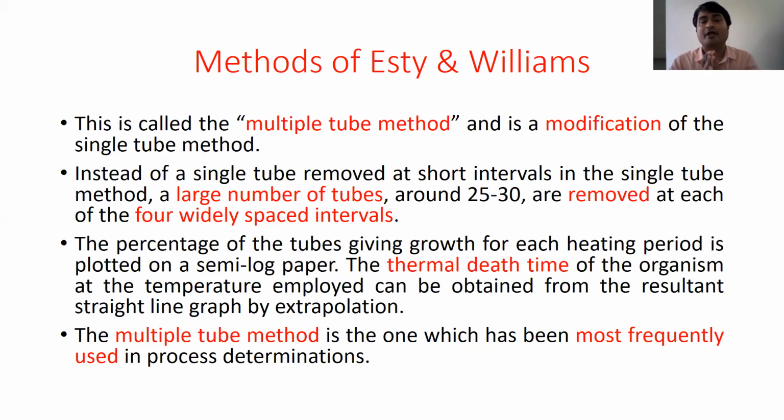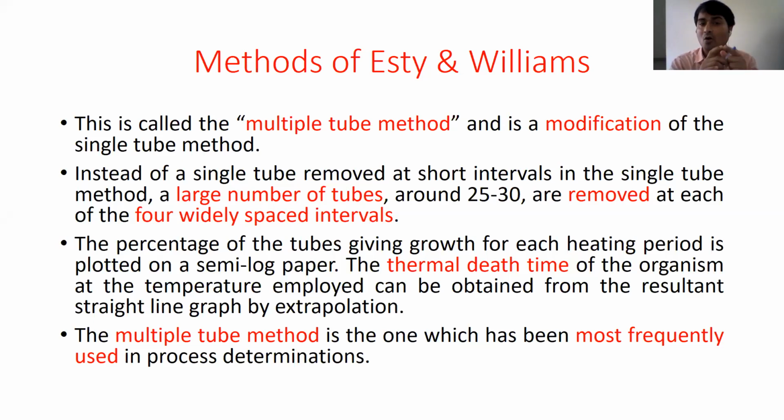So another method is the method of Ball and Williams. This method is called the multiple tube method, and it is a modification of the single tube method. In the single tube method, we were taking a single tube, one tube only.